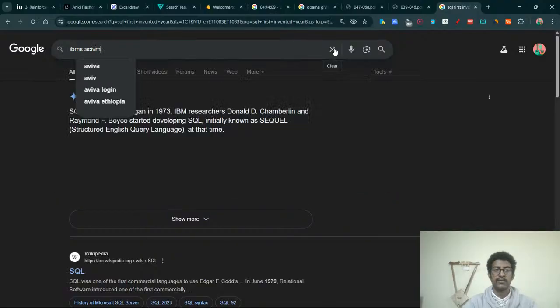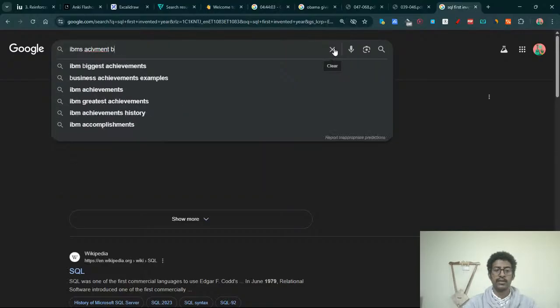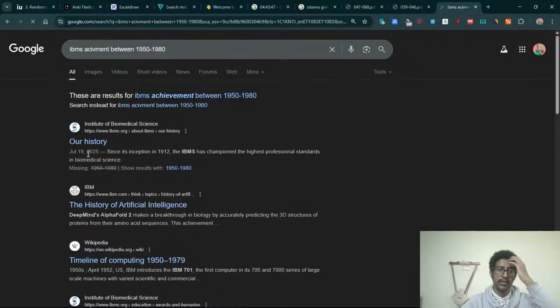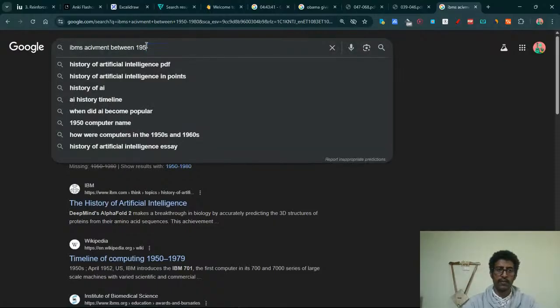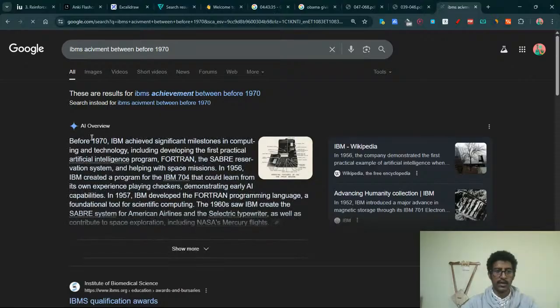IBM's achievements between the 1950s and 1970s, let's say 75, or let's be generous, till the 80s. Before the 1970s they got a lot of milestones in computational technologies.